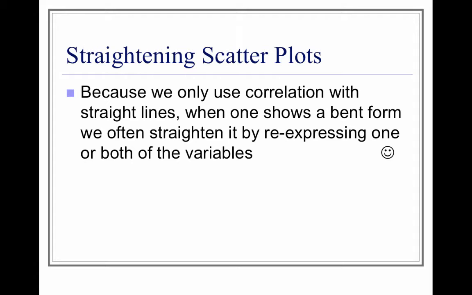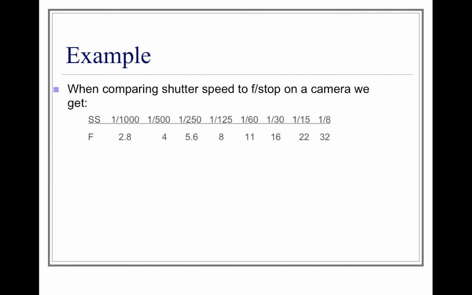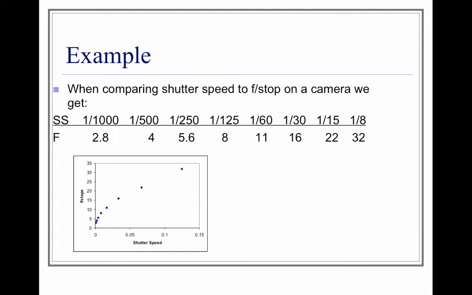When I say re-expressing, we're doing some type of mathematical manipulation to the variables. For example, when comparing the shutter speed and f-stop on a camera, we get the following values. SS is shutter speed and F is your f-stop, and it gives this scatter plot, which shows a slight curve upward. So we couldn't use our correlation coefficient because we don't have straight data here.